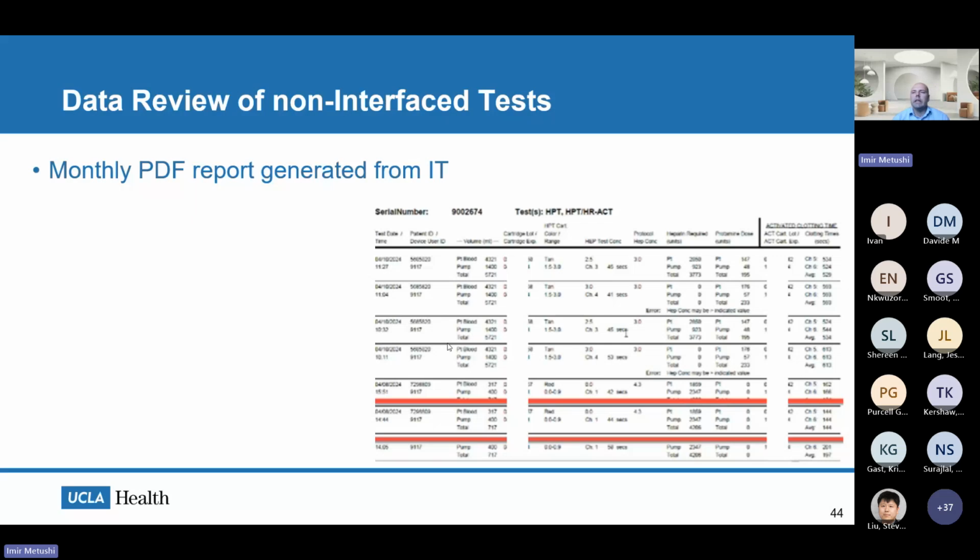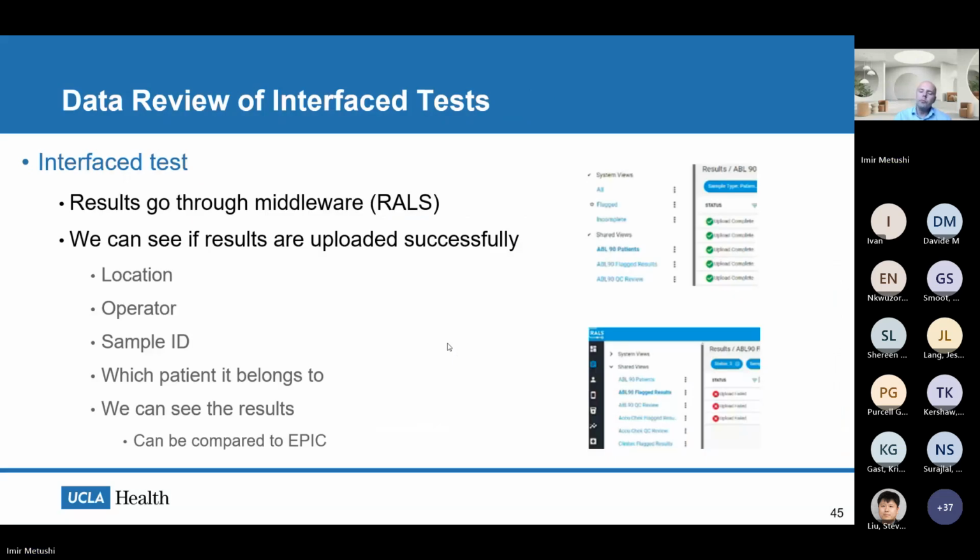Those results can be pulled into a PDF report, and they can be reviewed and matched to Epic and to the printout a lot more easily. Because the other thing we have to realize is that the Epic view that our CLSs look at is sometimes not the same Epic view that some of the RNs or the doctors have, so it can become a challenge to navigate the space.